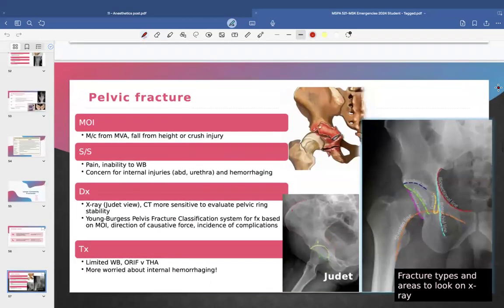Pelvic fractures. So with your pelvis, you can get different views. These Judet views, inlet outlet views, are like looking in and out of the pelvis. Those are helpful to evaluate your pelvic ring stability. You know what I'm talking about when I say pelvic ring? Yeah, okay.